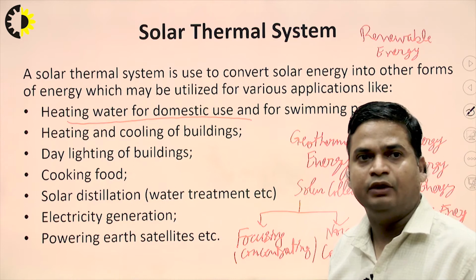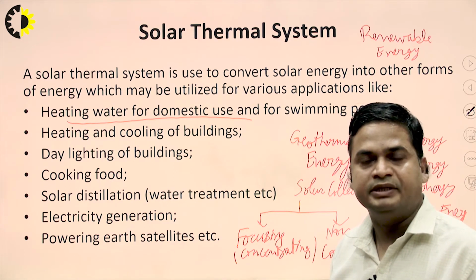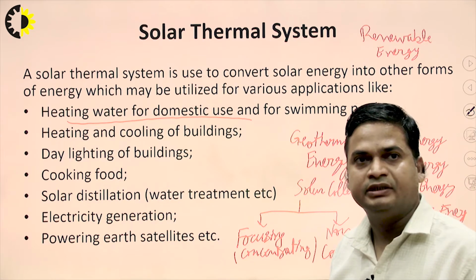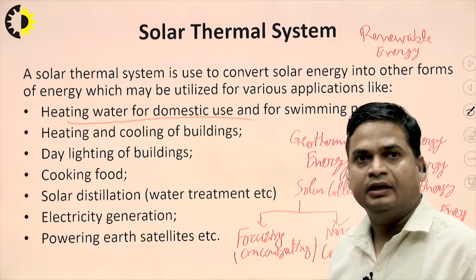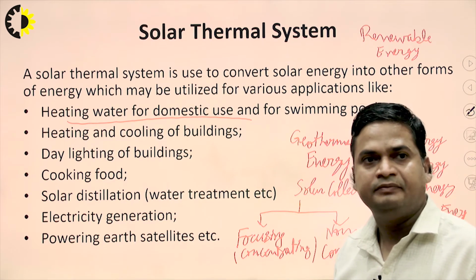Similarly, in day lighting of buildings, for lighting the buildings, solar energy is required. We are using solar panels that convert solar energy into electricity, which we can discuss in detail.